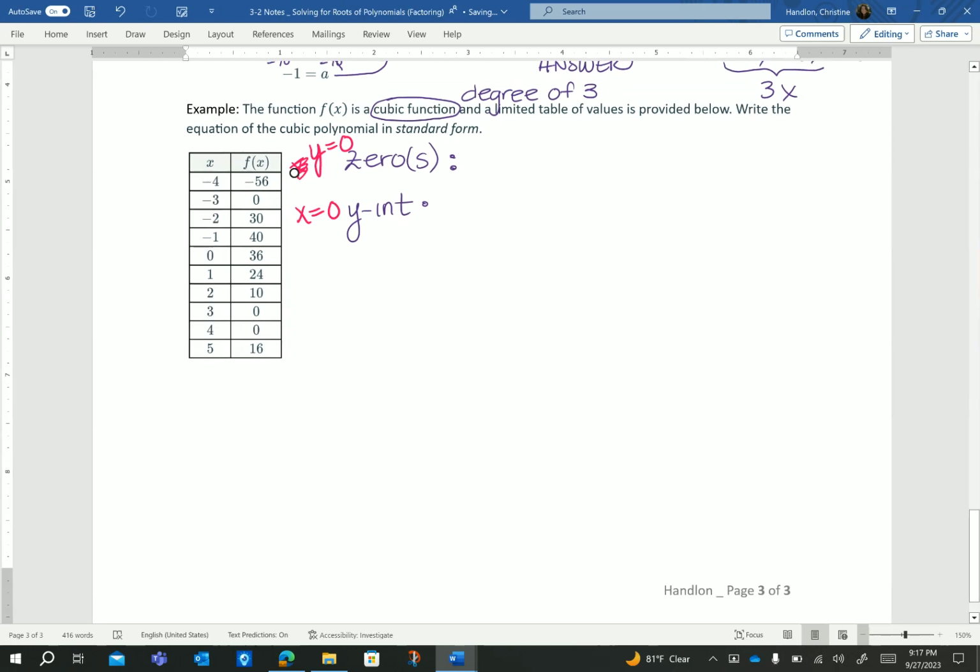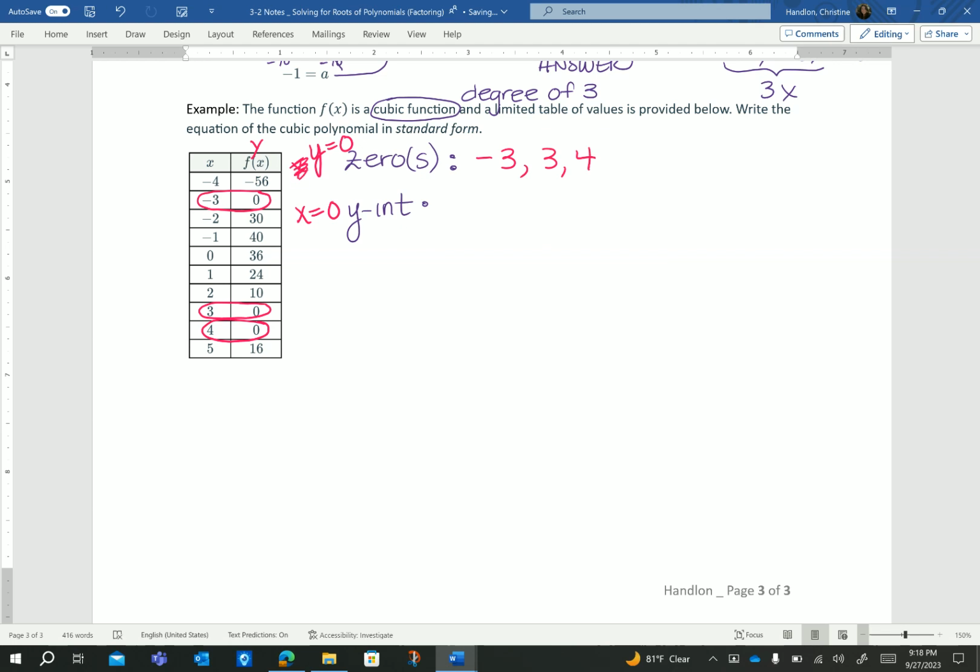So, when I'm looking for my zeros, which one has a y of 0? So, this here has a y of 0, this here has a y of 0, and this here has a y of 0, because f of x is y, okay? So my zeros or my x-intercepts were -3, 3, and 4.